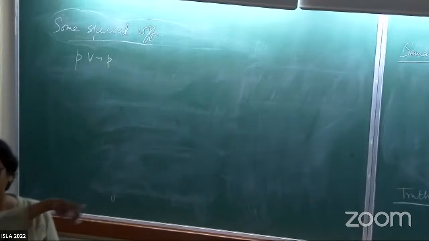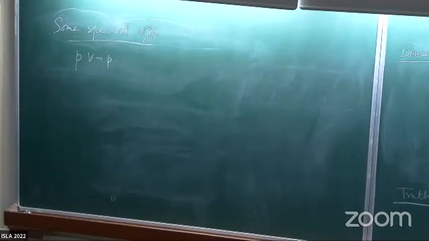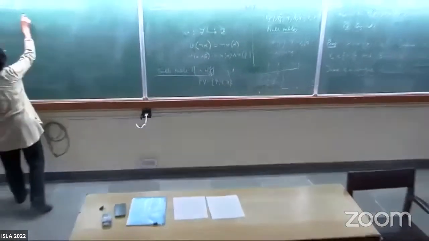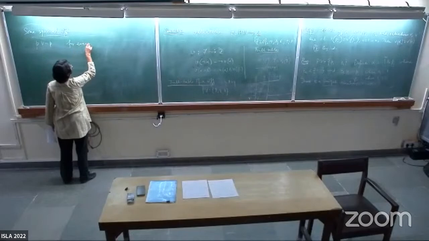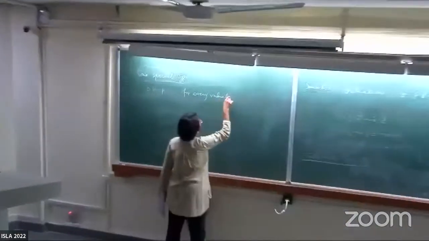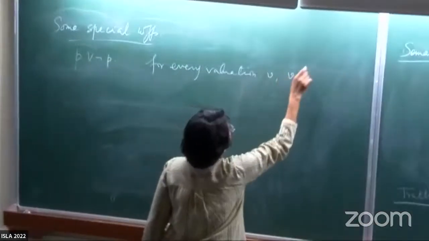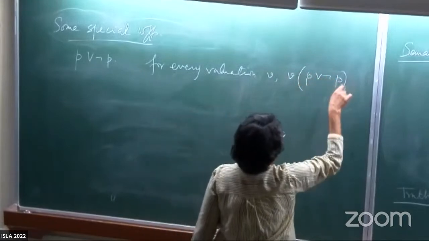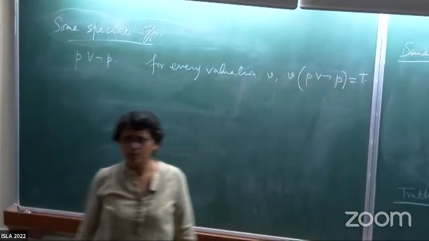So now in terms of these valuations, what is so special about this guy? And what does it mean to be always true? So let's be precise now that we have introduced this formalism. So to put it precisely, what we are saying is that for every valuation, V of this one is going to be always true.